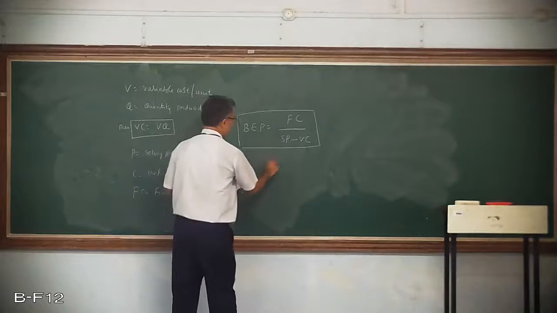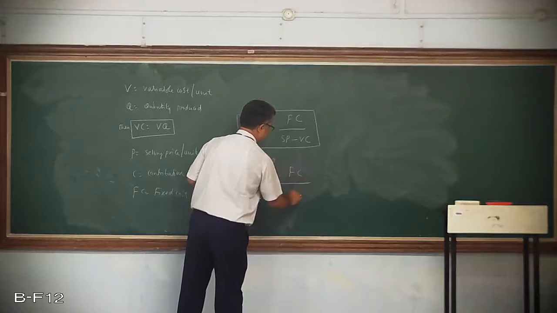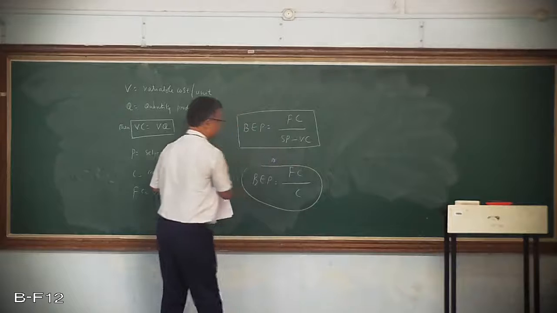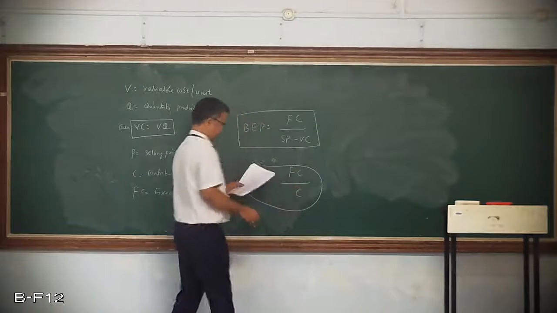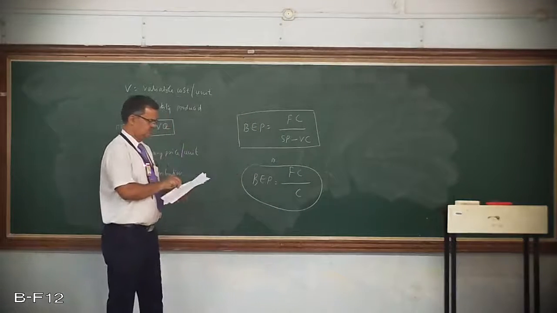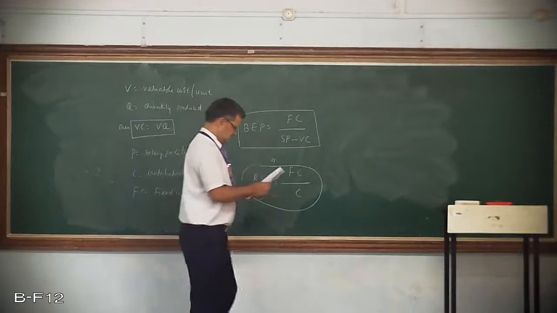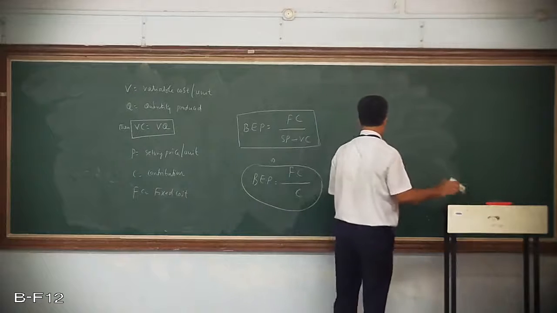So also one more formula, that is fixed cost by contribution. That is also going to give break-even point. FC by C, the contribution. So we'll take some more notations here.